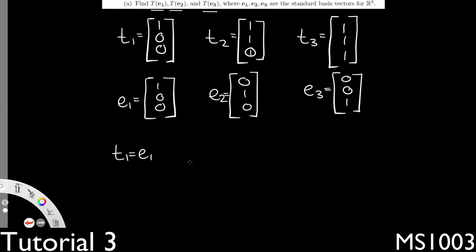T1 and E1 are exactly the same. Now T2, you notice it had a 1 here and a 1 here, and E1 has that 1 up there, and E2 has the 1 in the middle. So we can write T2 as E1 plus E2. And if you look at T3, (1, 1, 1), it should be obvious that T3 is E1 plus E2 plus E3.